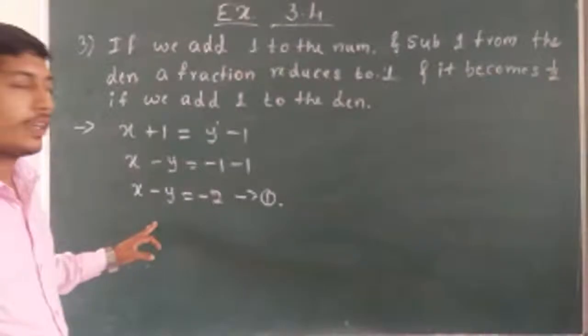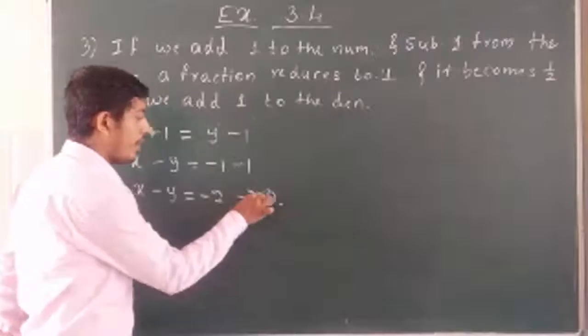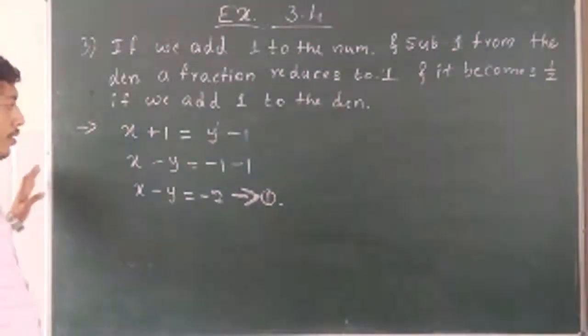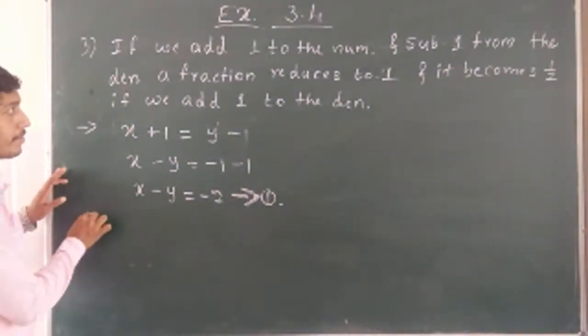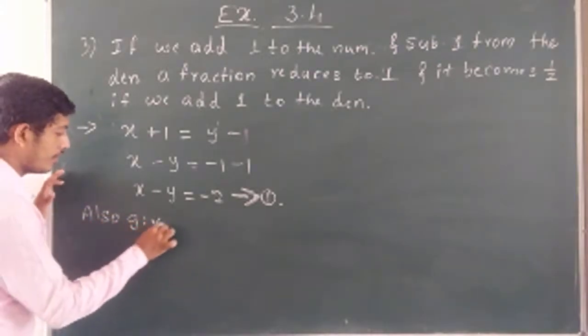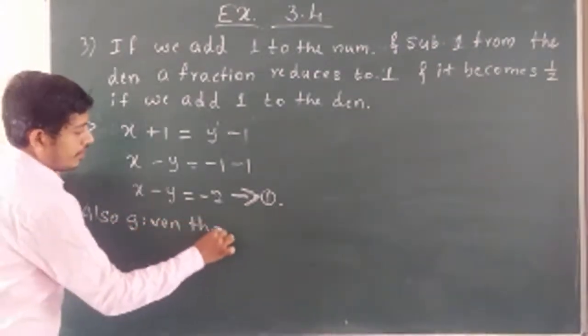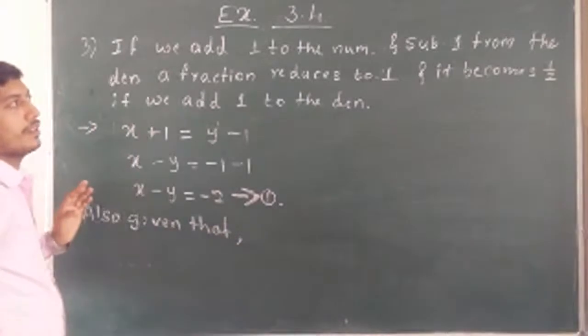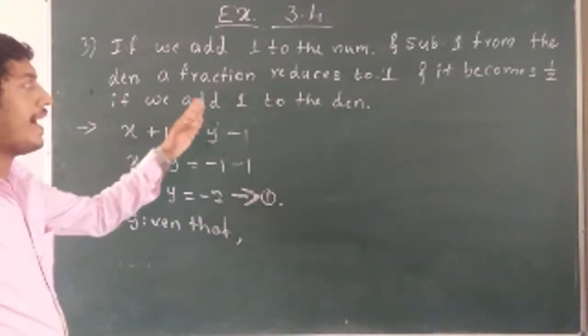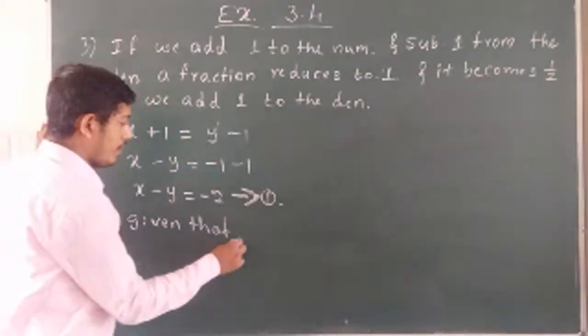Now we got equation 1. Now we have to find equation 2. What is the other given data here? Also given that the fraction becomes 1 by 2 if we add 1 to the denominator.